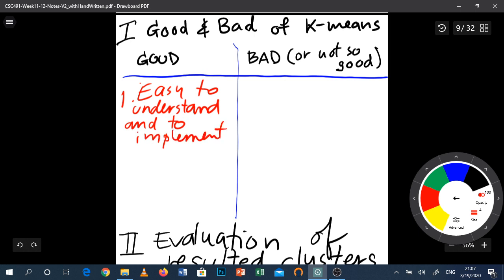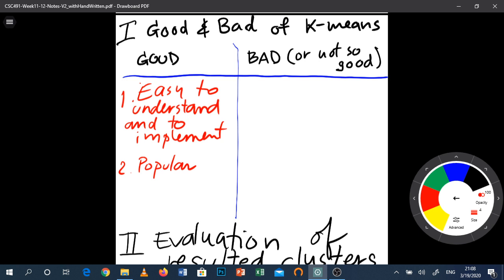So that leads to the second goodness, which makes it quite popular for all the data scientists or statisticians.